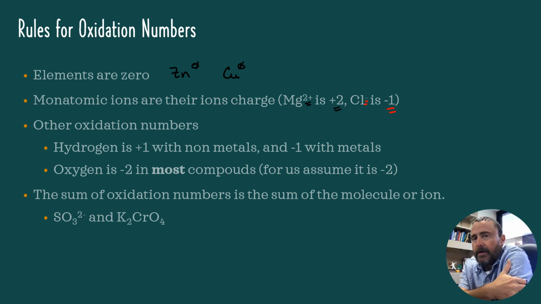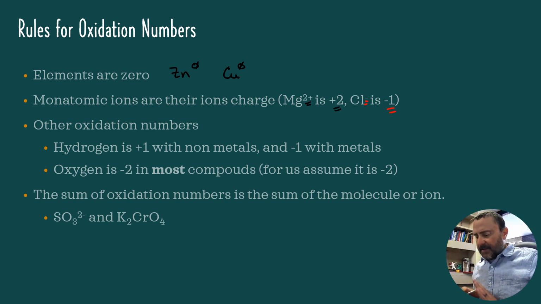Hydrogen is +1 usually when it's with a nonmetal and -1 when it's with a metal. For our purposes, we're going to assume that oxygen is -2. Oxygen loves to be -2, although there are exceptions to this. For us in our class, it's just always going to be -2 for any of the problems that we have.